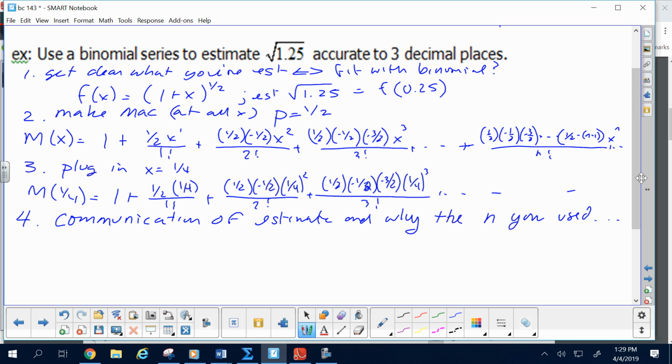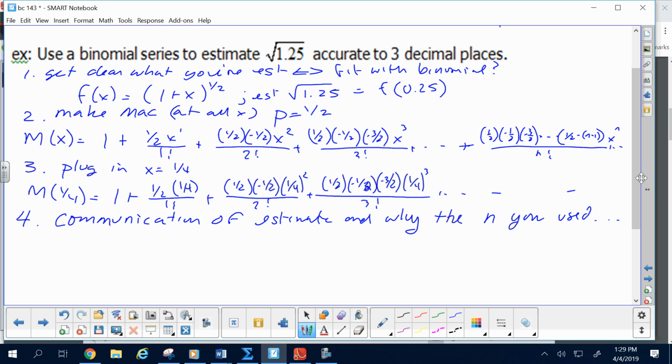Okay, how's that sound? And do the terms decrease? Is each term less than the one before? Yes, for sure. And do the terms go to 0? Yes, they do. And so it satisfies conditions of error bound.